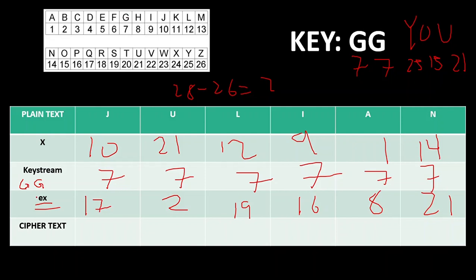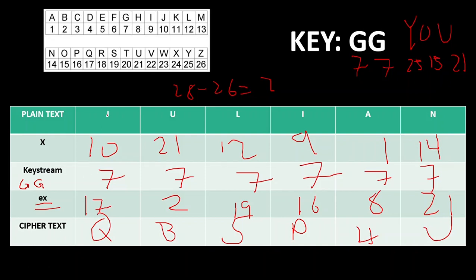We need letters. 17 is Q. 2 is B. 19 is S. 16 is P. 8 is H, and 21 is U. And as you can see, these letters are the ciphertext QBSPHU.